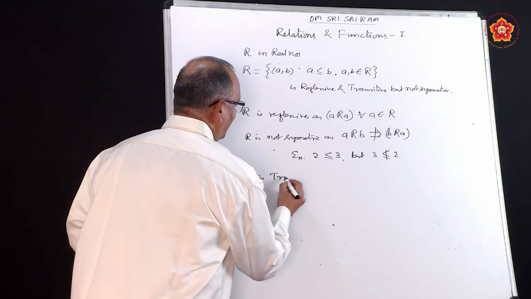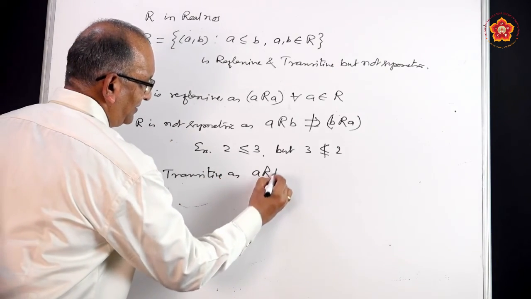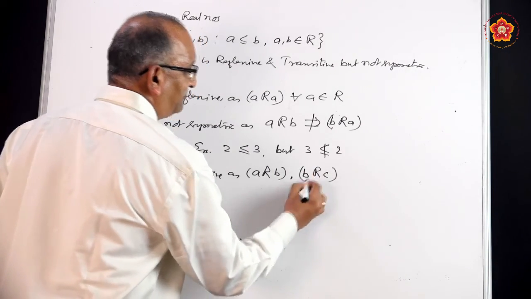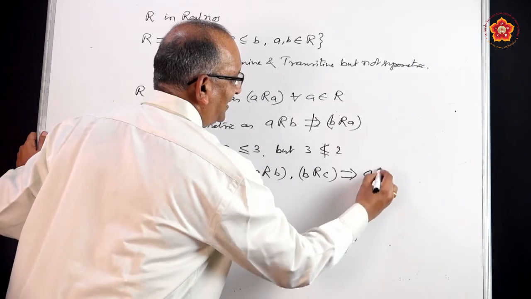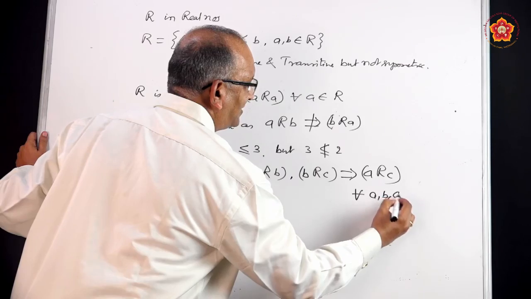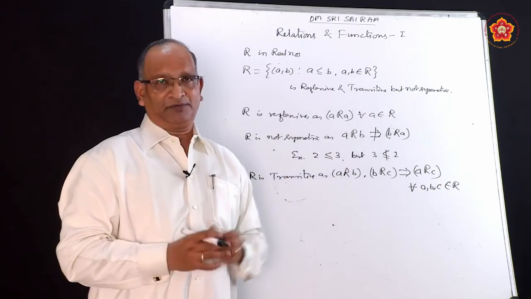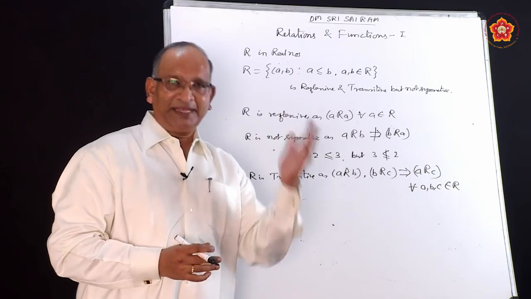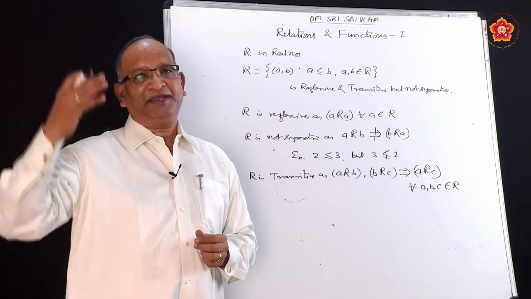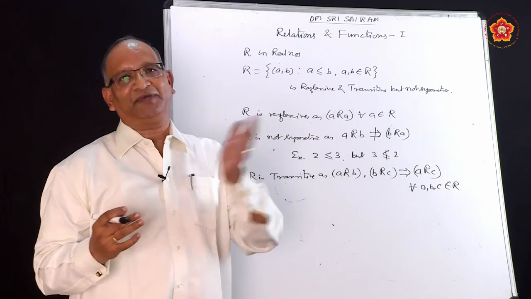R is transitive as A R B, means if A is smaller than B, and B R C, if B is smaller than C, this confirms that A is smaller than C, and it is true for all A, B, C belongs to R. Take any 3 numbers 2, 3, 4. 2 is less than 3, 3 is less than 4, so 2 is less than 4. 10, 15, 20. 10 is less than 15, 15 is less than 20, so 10 is less than 20.